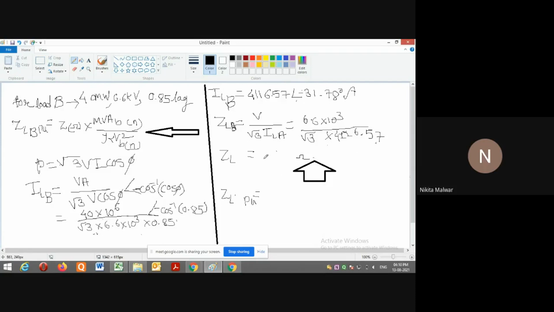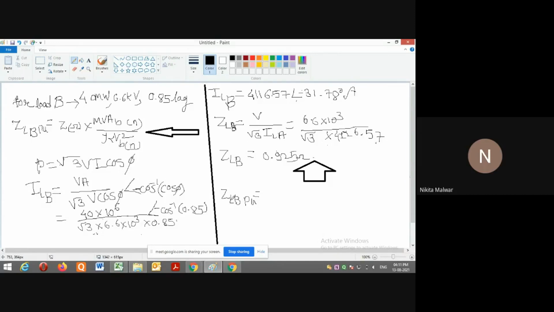So tell me the impedance for load B. 0.925. Correct. 0.925. This is your impedance value in ohm for load B. Now let us find the per unit value for this load B.